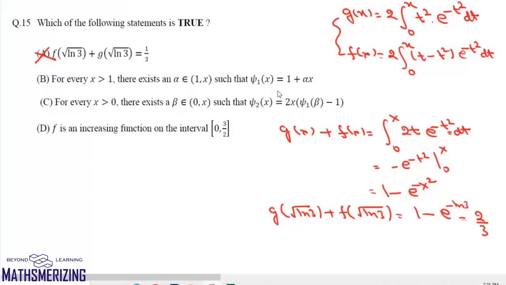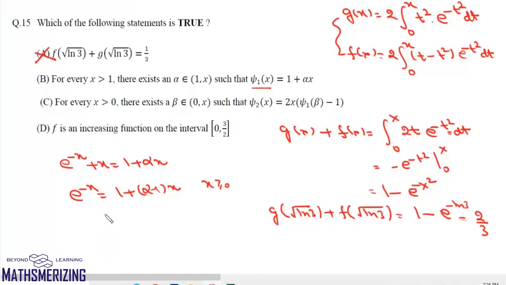Now for option B, it says there exists alpha such that phi1(x) equals 1 plus alpha x. Now phi1(x) is e to the power minus x plus x, and it will be equal to 1 plus alpha x, or e to the power minus x will be 1 plus (alpha minus 1) into x.